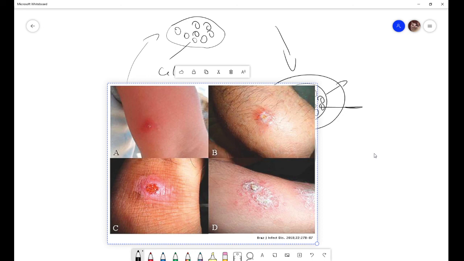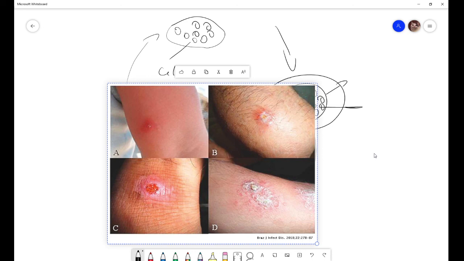Leishmania occurs as an intracellular parasite that multiplies as amastigotes in macrophages and other phagocyte cells of the reticuloendothelial system.